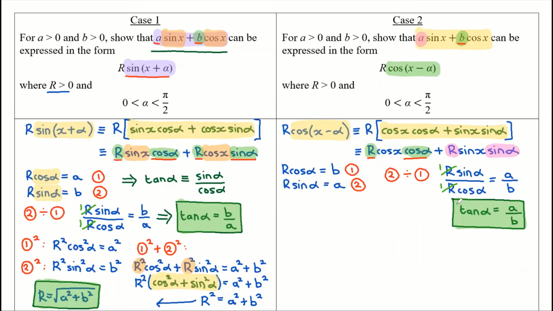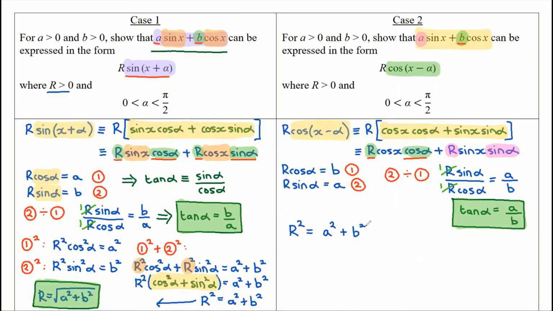Now, once again, you'll notice that to get the r part, you can use the sine squared plus cos squared identity. Now, I won't go through all that again because it is exactly the same idea. And you'll find very quickly you will get r squared. It's just going to be a squared plus b squared. Because you're squaring and adding, it doesn't matter what the order is.